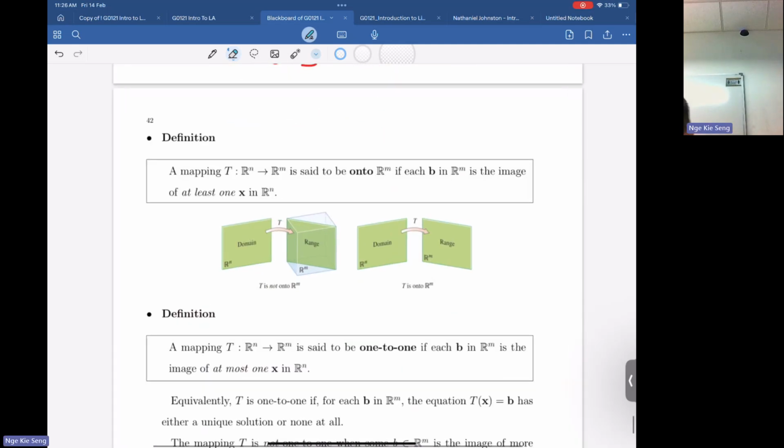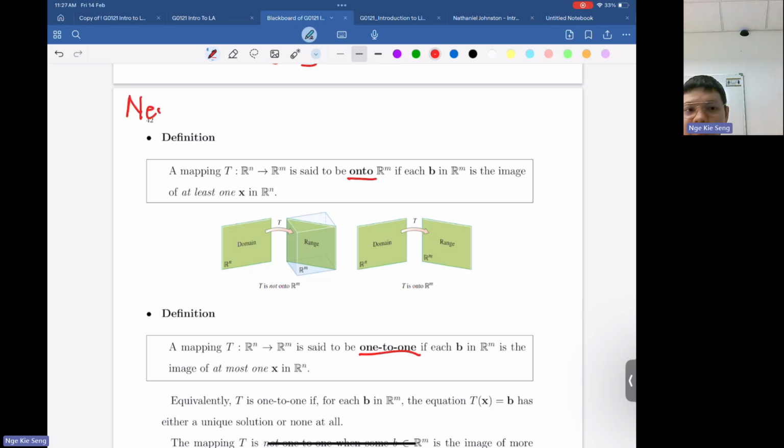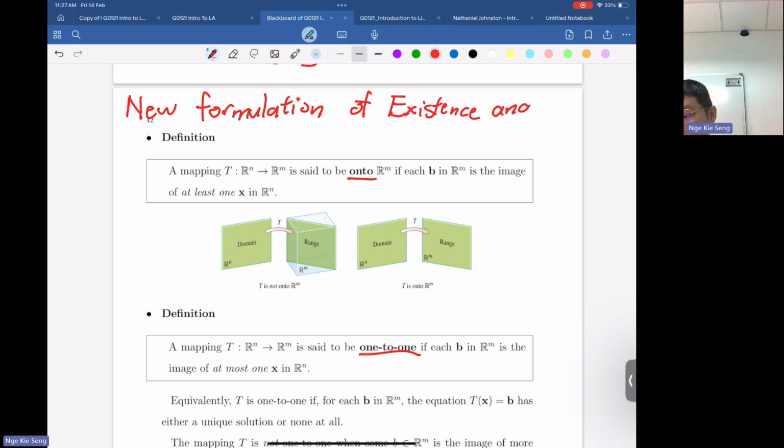Now we're going to introduce two ideas. One is onto, the other is one-to-one. Let me give you a trailer first. This is a new formulation of the existence and uniqueness problem. We'll use functions to solve existence and uniqueness questions. Remember, when did you first see existence and uniqueness?